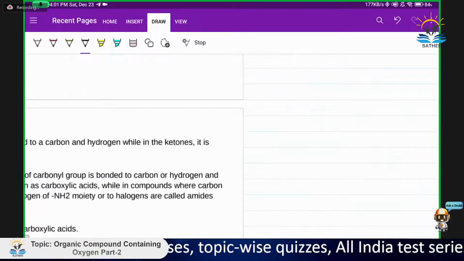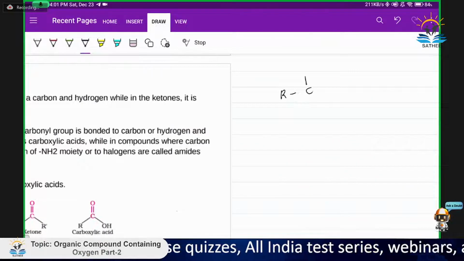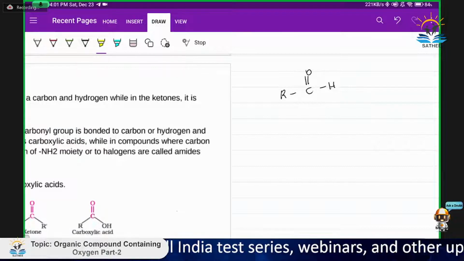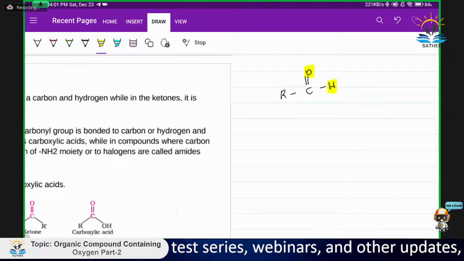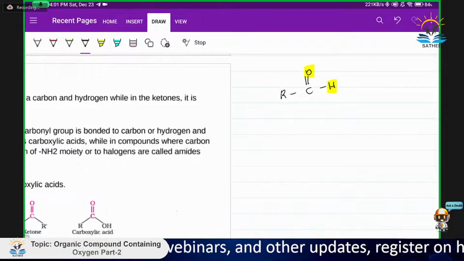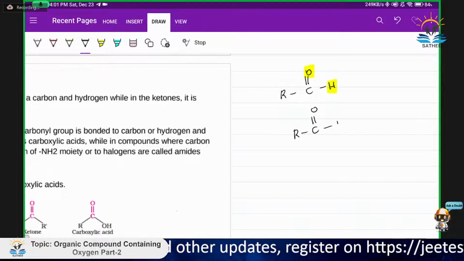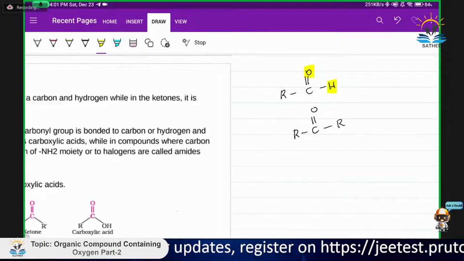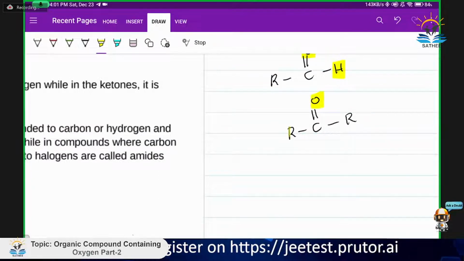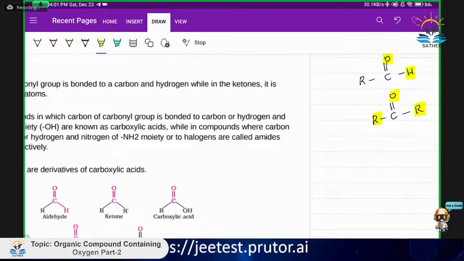An aldehyde group we represent by RC double bond O. You can see the carbon is bonded to a hydrogen and oxygen atom. While in a ketone group, the carbon is attached to oxygen and to other carbon atoms of the alkyl groups.